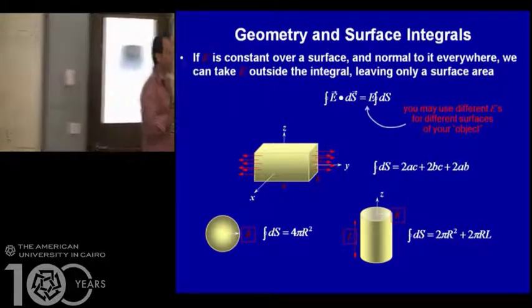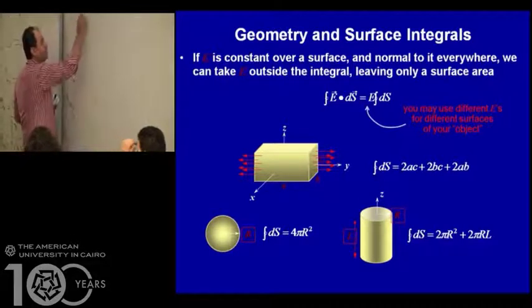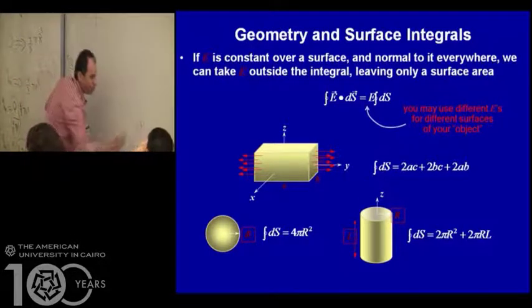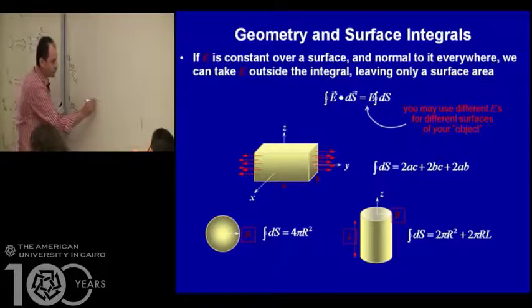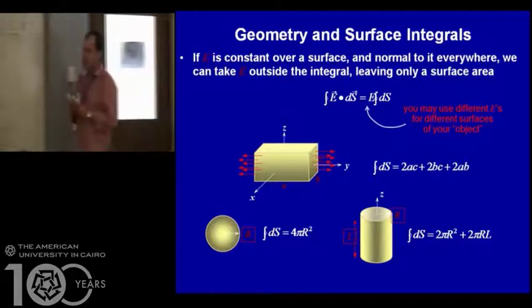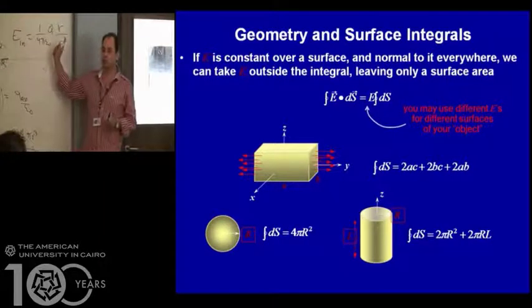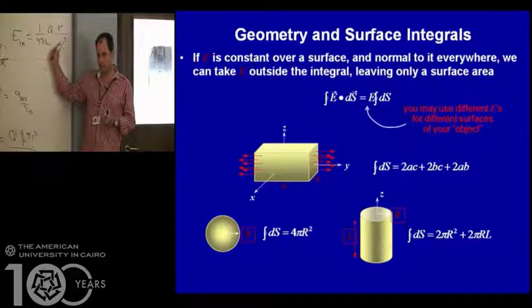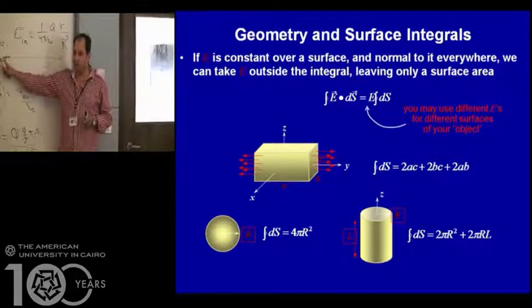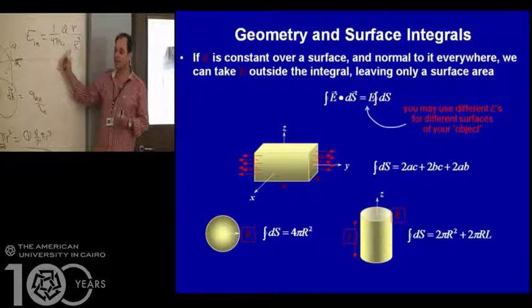So this is a graph that represents the electric field with the distance r. At r equal to 0, what is the electric field? R equal to 0 should be inside the sphere, so I should use that formula.